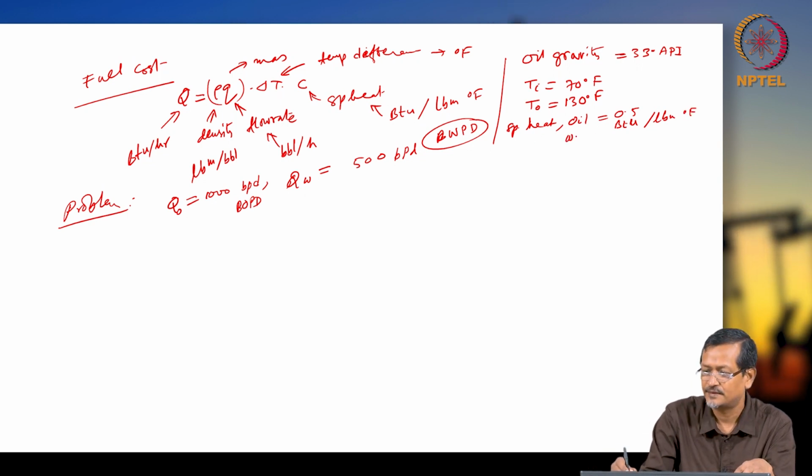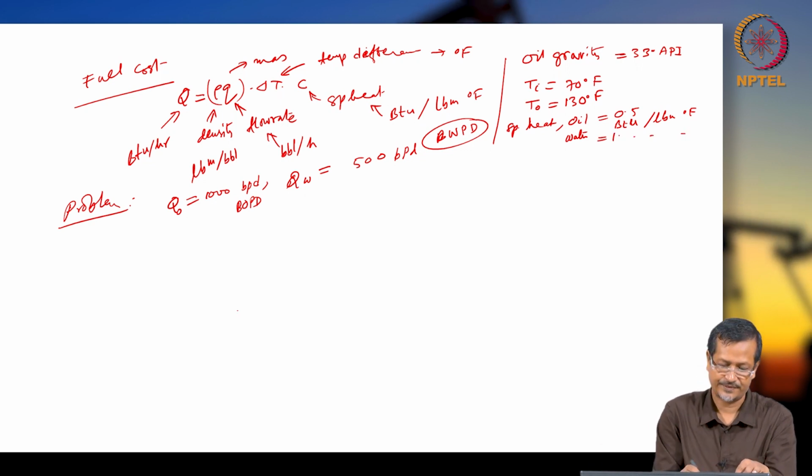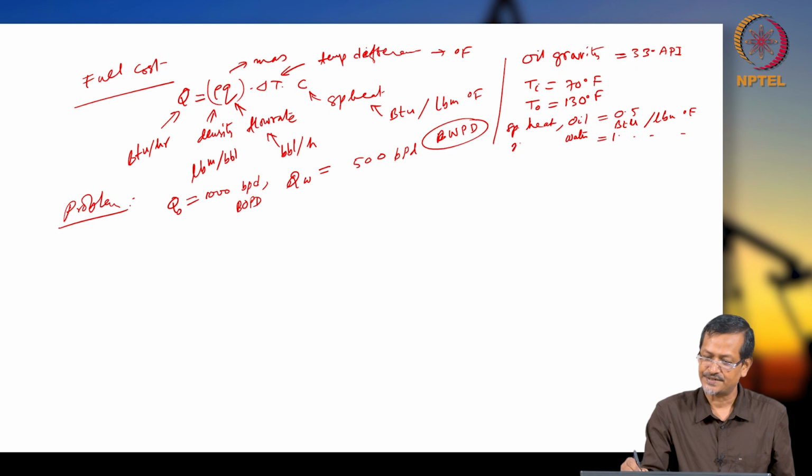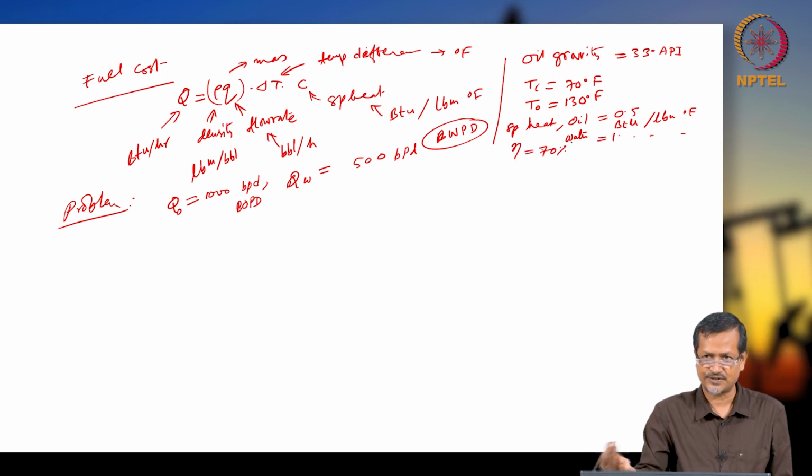For water, 1, the same unit. Okay, and efficiency also they have given 70%, means 30% energy loss is there.